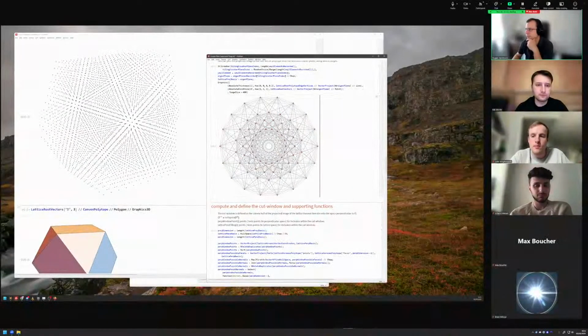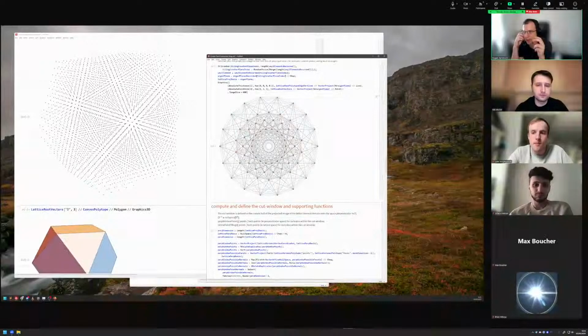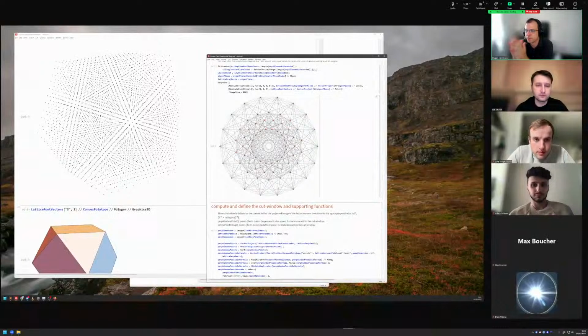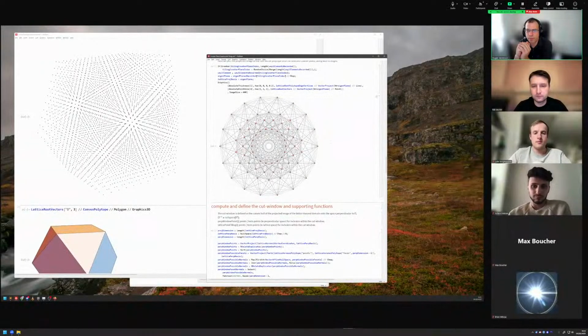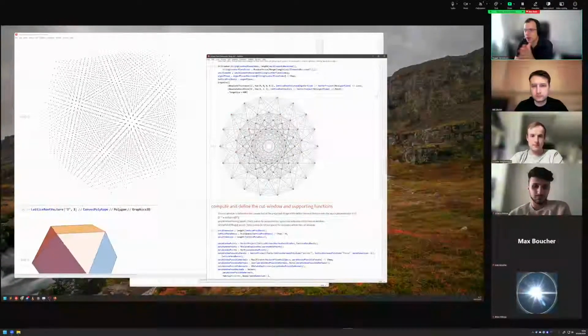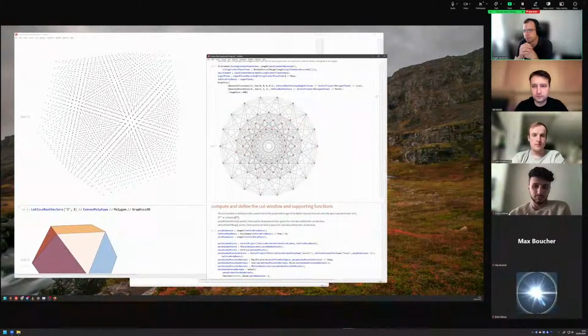So you can take one of these polytopes, get the root vector polytope, this is E6, and then you could figure out Coxeter planes. That is planes that exhibit symmetry in the symmetry group generated by the root vectors.